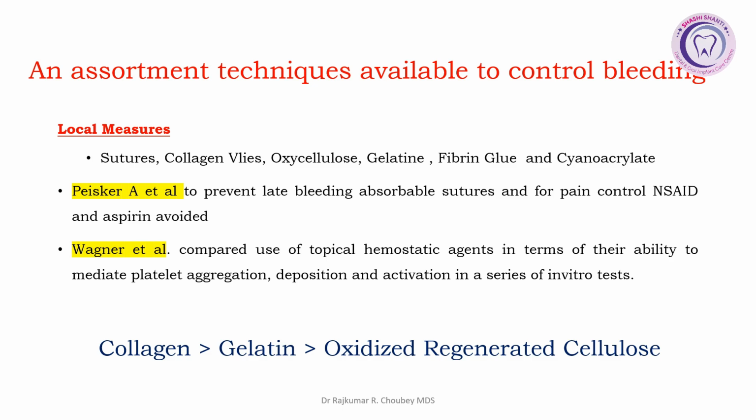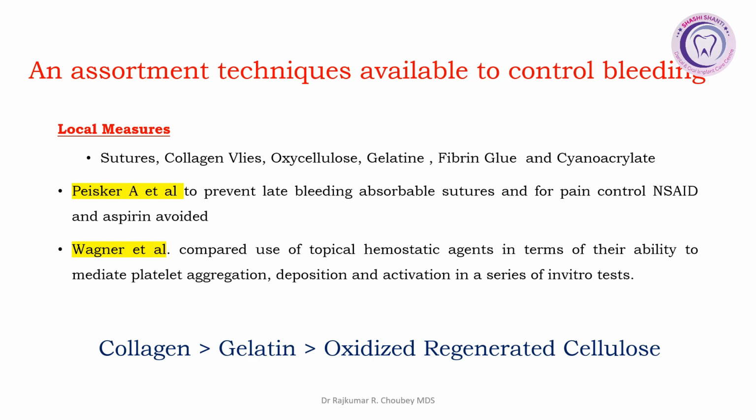And use of hemostatic agents: how that hemostatic agent acts, like what is their ability to mediate platelet aggregation or deposition. They found that collagen is the best local measure, followed by gelatin and oxidized regenerated cellulose.